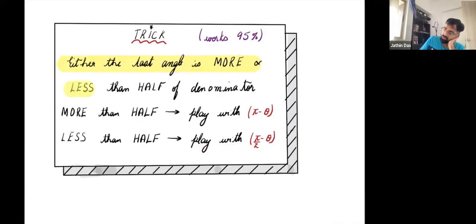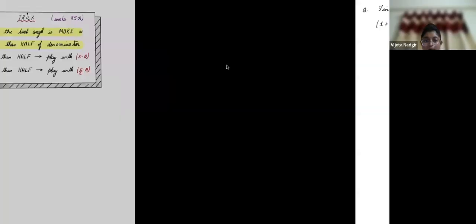These are the two cases, and then what will you do in both the cases? Done. Okay.